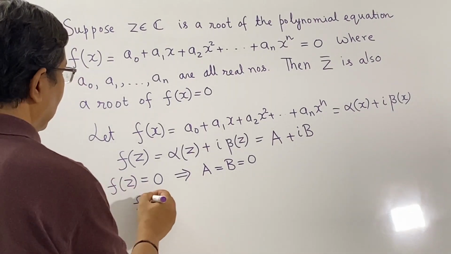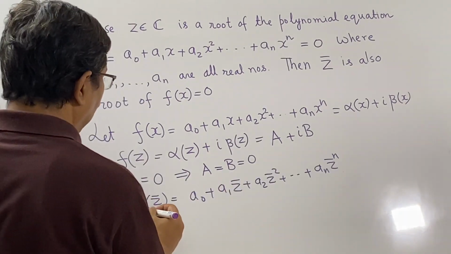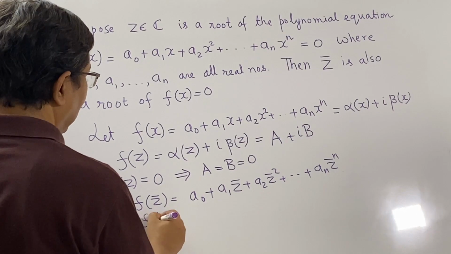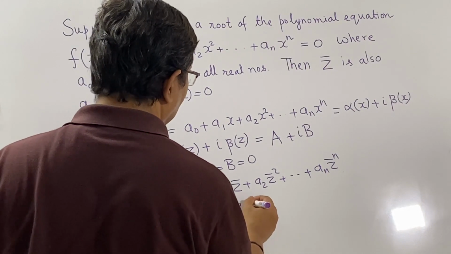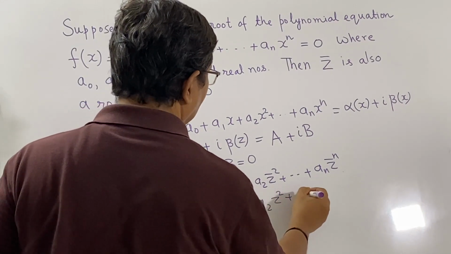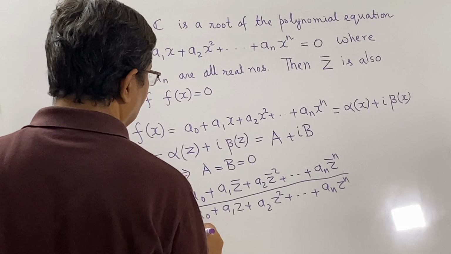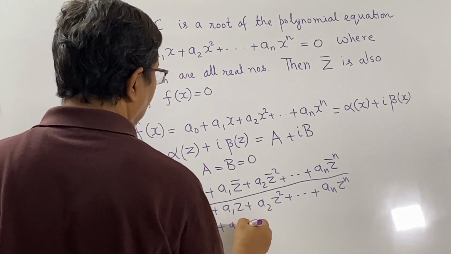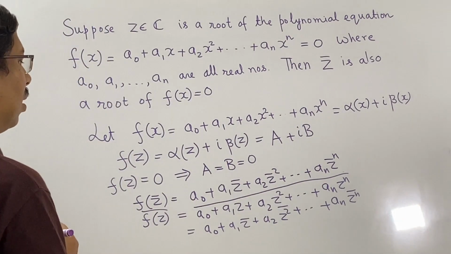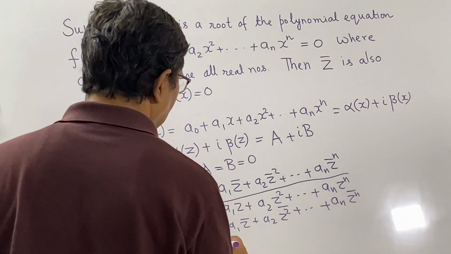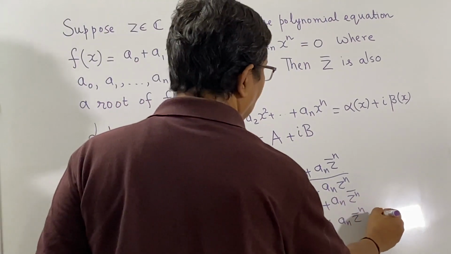Now, if we look at f(z) conjugate using the property that we just mentioned, this is the conjugate of a0 + a1z + a2z² + ... + anzⁿ, and this turns out, since a0, a1, and so on are all real numbers, and using the fact that zⁿ conjugate is z conjugate to the power n, we will use that to write this as f of z conjugate.